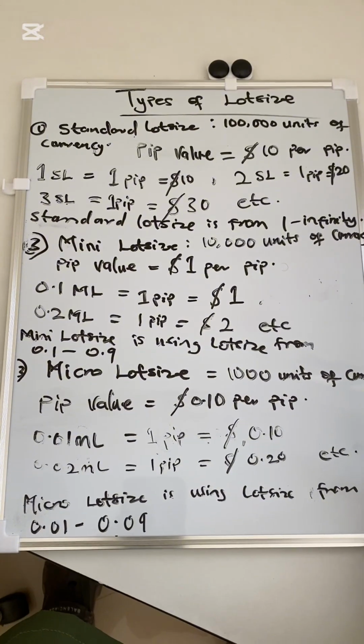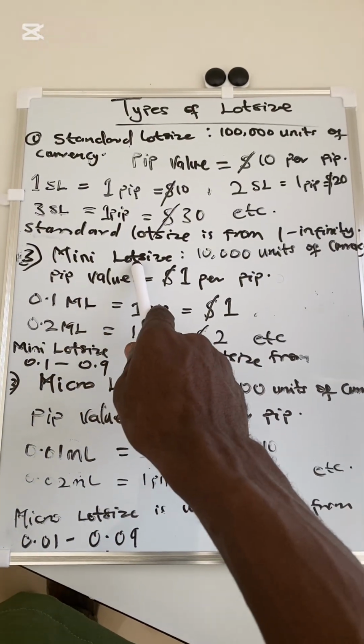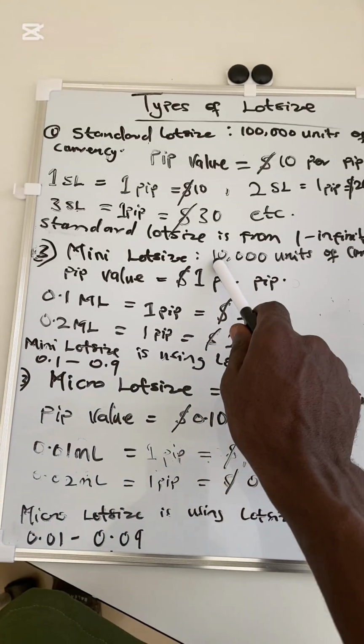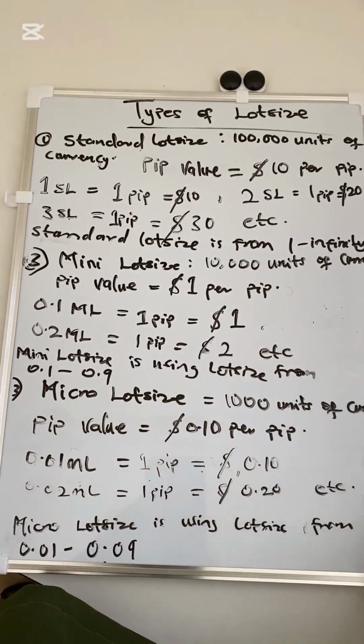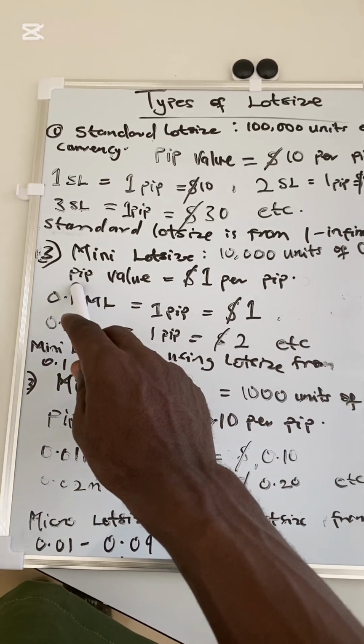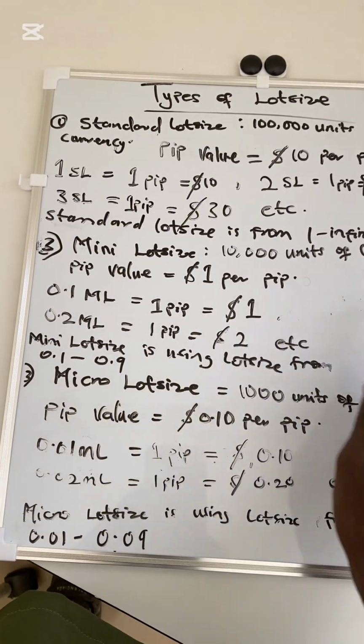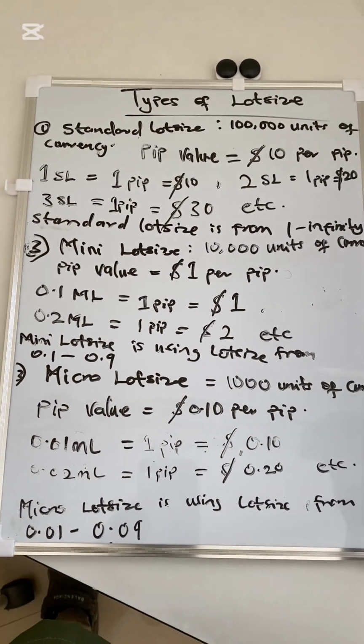The second type of lot size we have is a mini lot size, which is equal to 10,000 units of currency. One pip value in a mini lot size is equal to $1 per pip. So when the market moves one pip, you make $1.